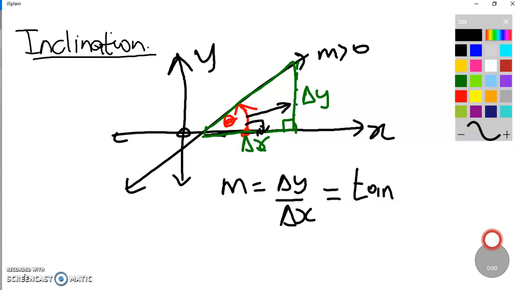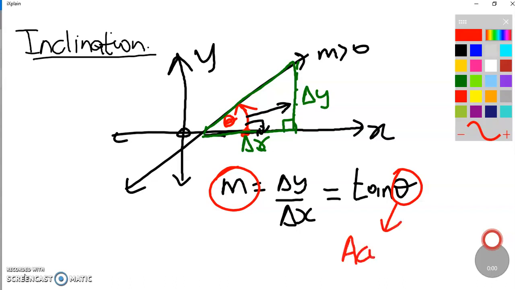So tan of theta is equal to the opposite side divided by the adjacent side. Therefore, to find the angle of inclination, which is theta, we equate it to the gradient of the straight line. So m is equal to tan of theta. If the slope is positive, this theta will be an acute angle.